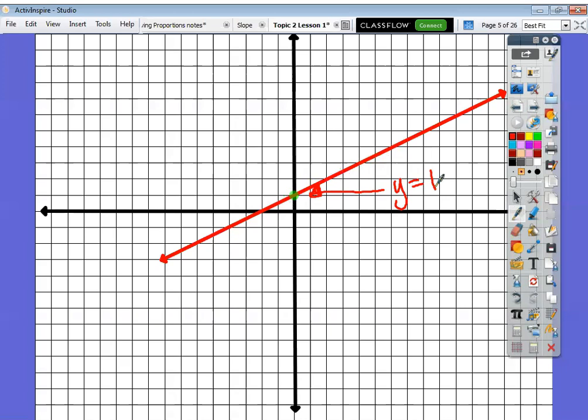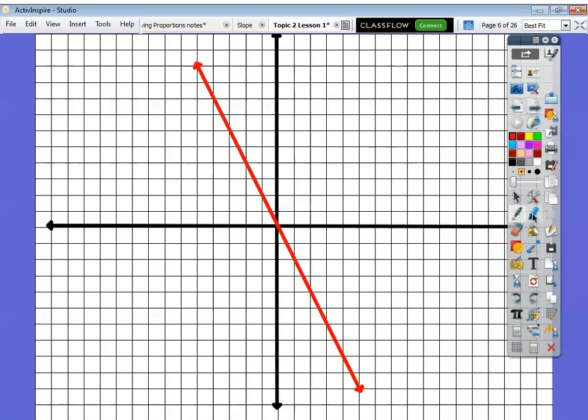All right, let's take a look at this one. Okay, again, we'll get my little dot radar on here. Beep, beep, beep. Okay, that's where that line crosses the y-axis. This is the y-axis, right?